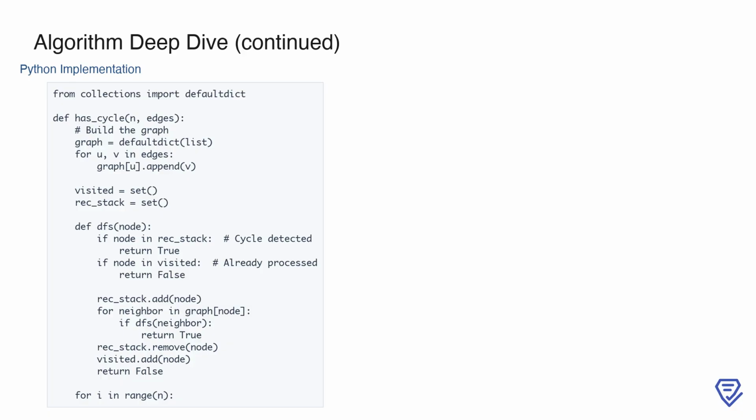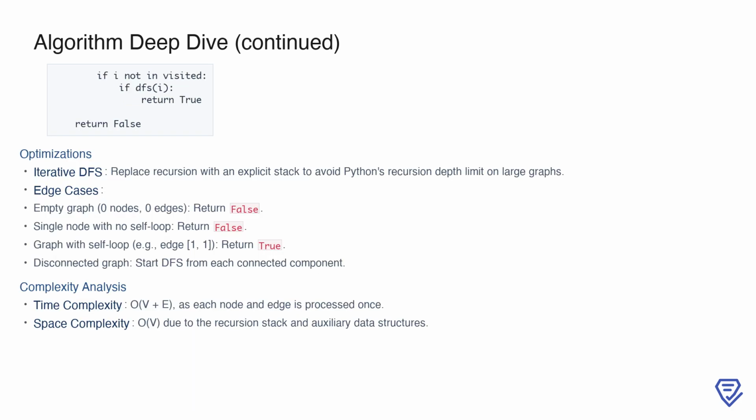After all neighbors have been processed, the node is removed from rec_stack and added to visited before returning false. Finally, we iterate through all the nodes in the graph. For any node not visited, we start a DFS. If any DFS call detects a cycle, we return true. The function concludes by returning false if no cycles are detected after all nodes have been processed.